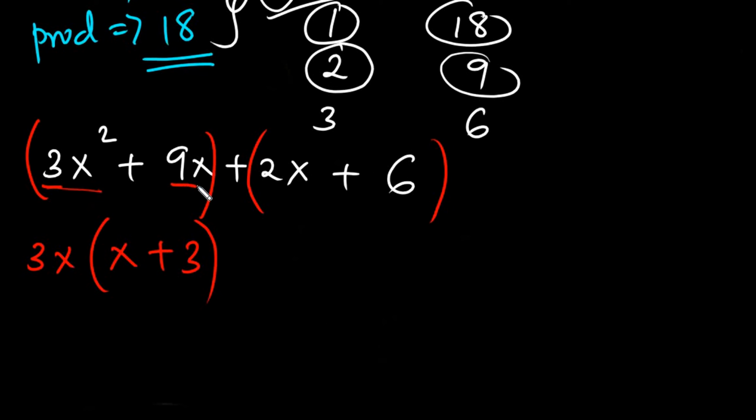And then what we do, we are going to have this other group or this other bracket. Whatever we have on this bracket, we write it on this other bracket, that is x plus 3.